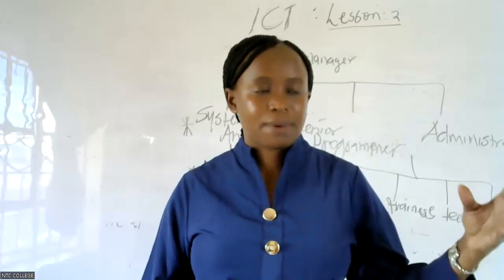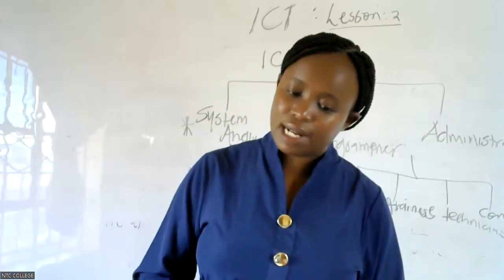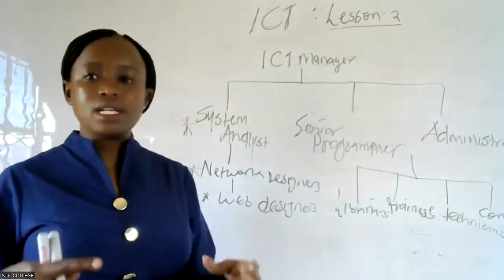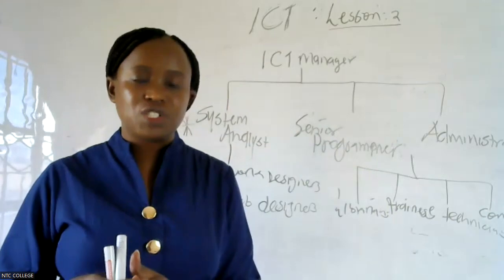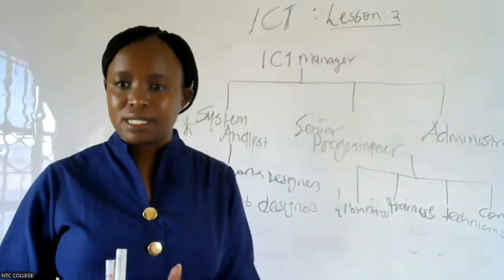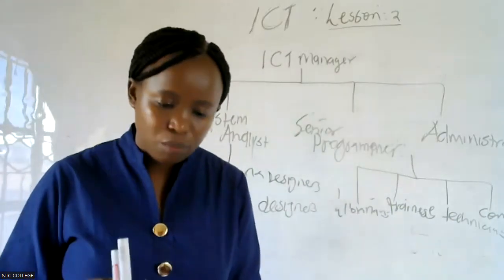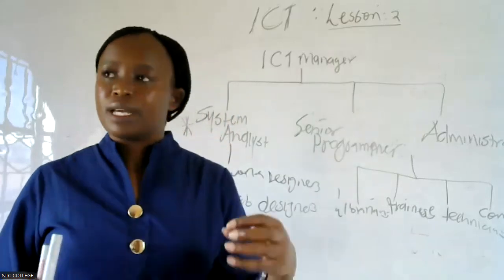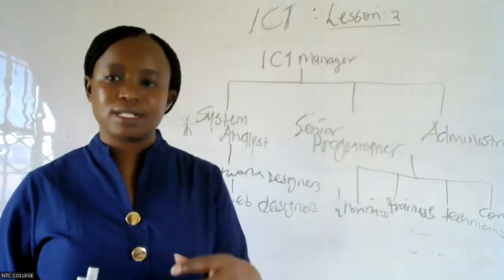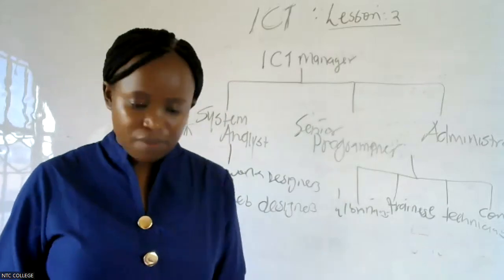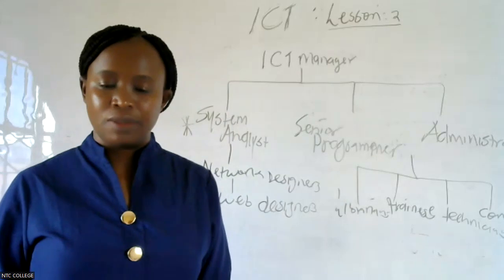A database administrator ensures that in your organization, we have databases, and we are able to get our system information kept at a centralized location, or if it's decentralized, well and good.